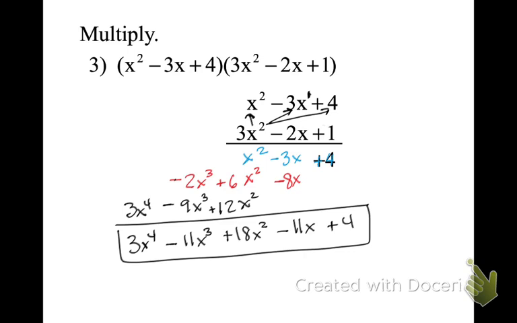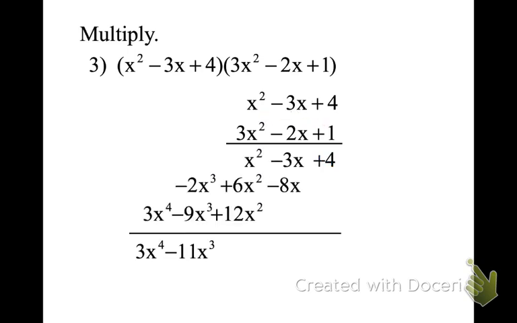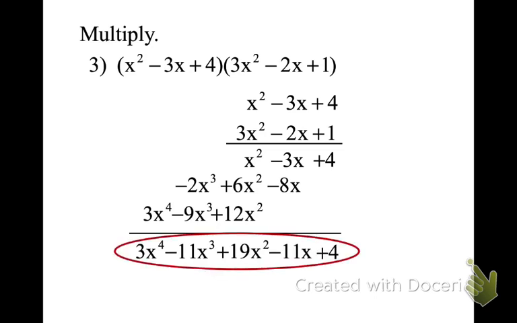When we're combining like terms, I got this middle term wrong because I just added those two. I forgot this additional one here, guys. Did you see that? I forgot.